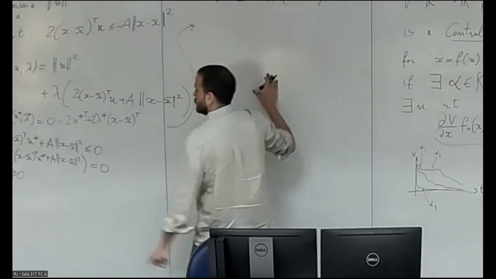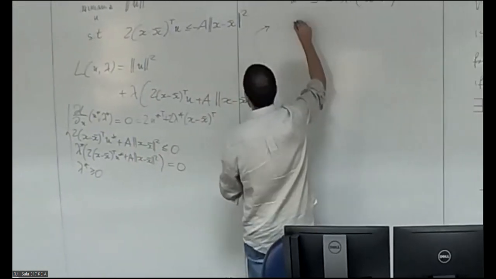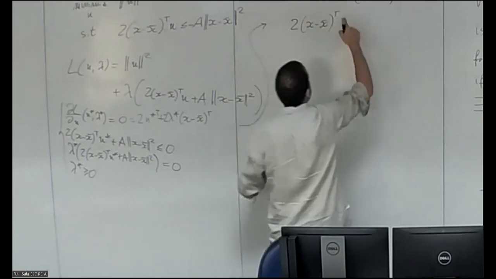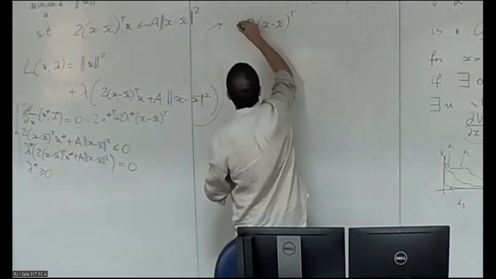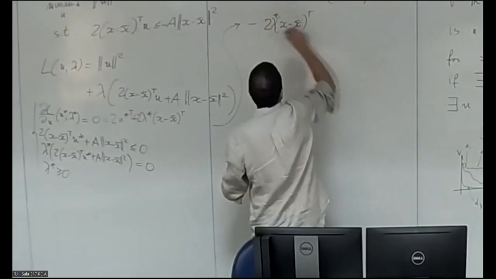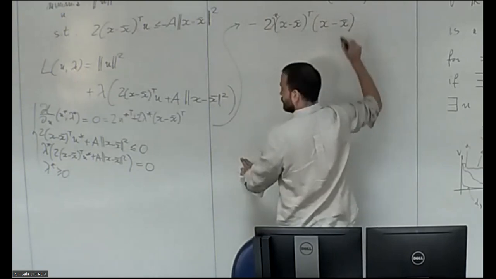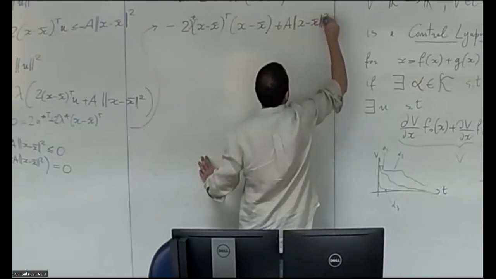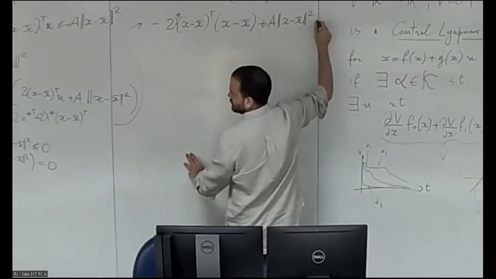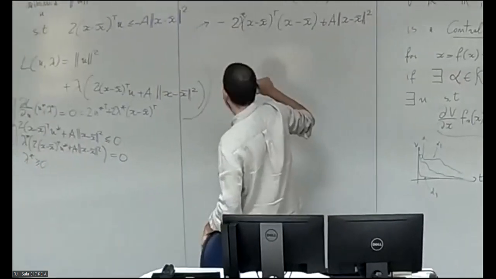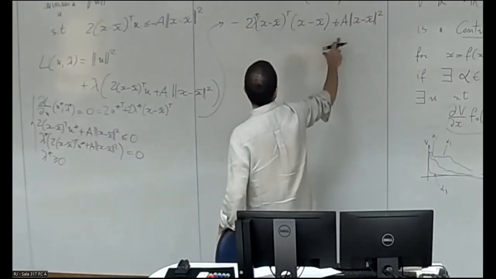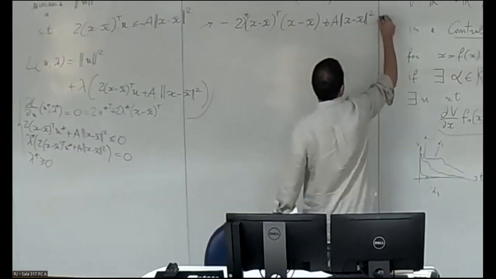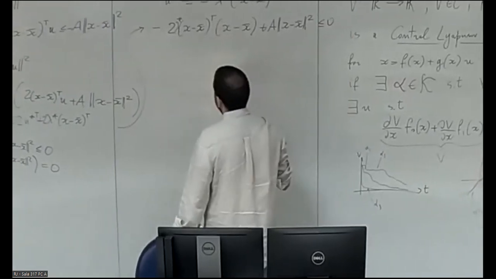We put this here, and get 2 times x minus x bar transpose times u, which is minus lambda star (x minus x bar) plus a (x minus x bar), and this has to be less than zero.